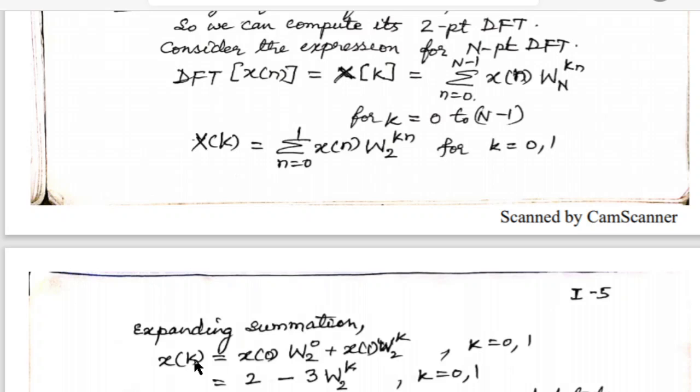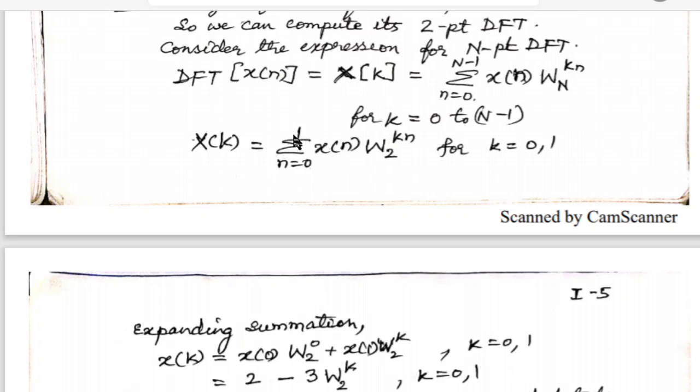Now coming here, this expression has to be expanded by substituting first for small n. For small n being 0, I will get the first term here. For small n equal to 1, the next term plus, I will get the second term like this.